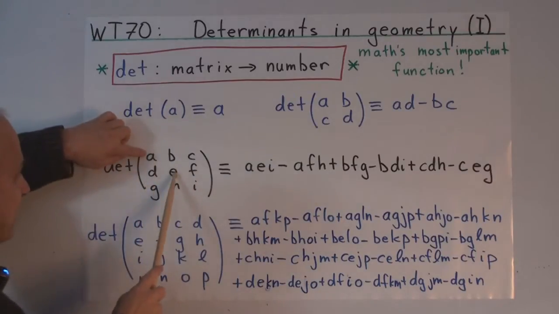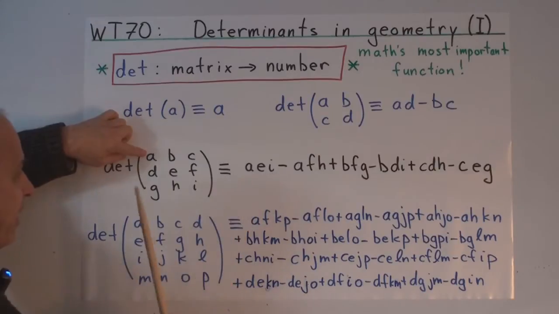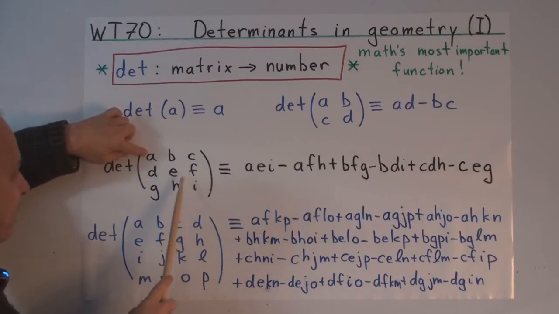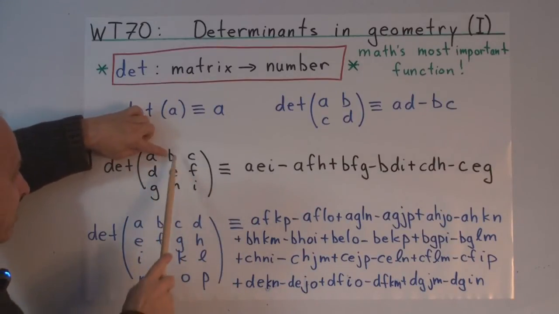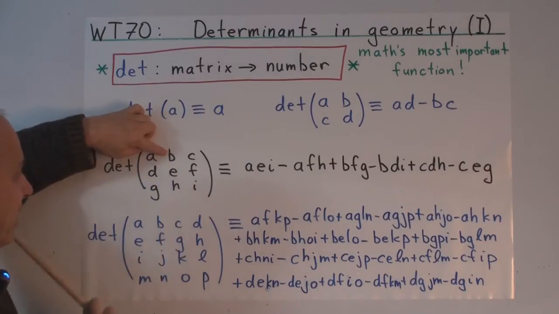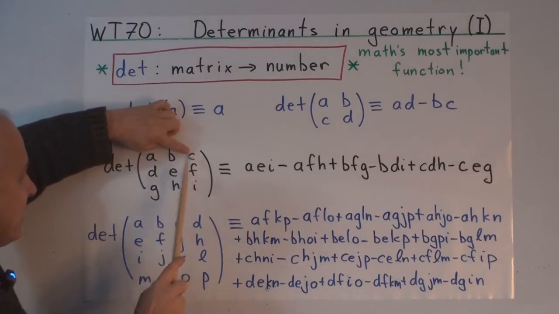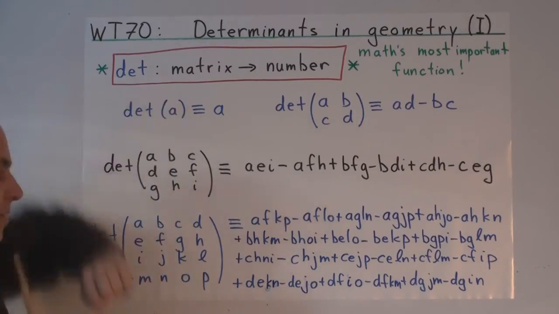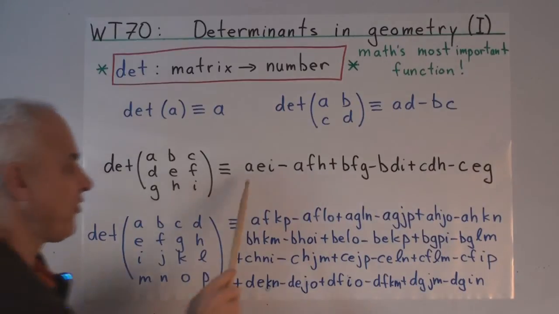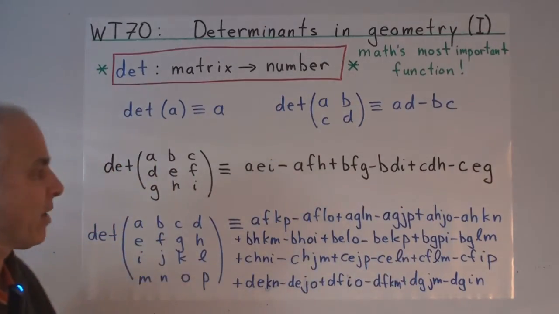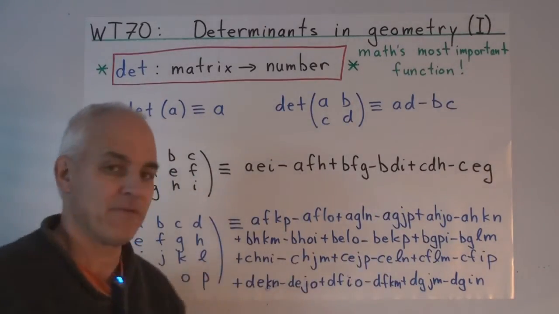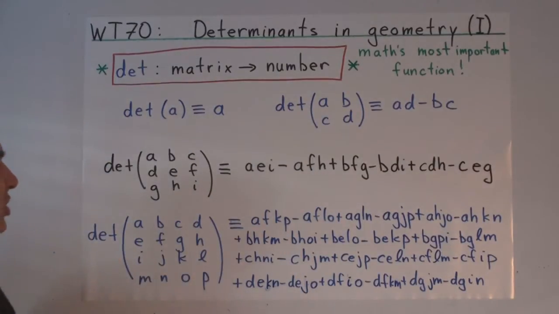We take A times E times I, that's the first term, and then we subtract A times F times H, and then we add B times F times G, subtract B times D times I, add C times D times H, and subtract C times E times G. So there are 6 terms with plus and minuses in front of them, and that combination is the determinant of the 3 by 3 matrix.